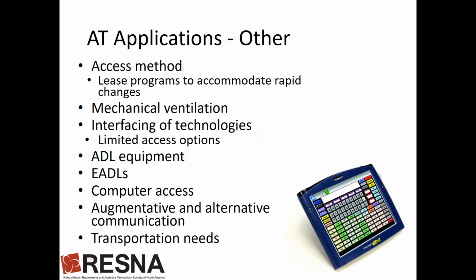This population benefits from lots of different assistive technology, and we need to make sure we're adjusting their access method as they progress. If your individual lives pretty far from you, you need to plan on getting them back for updated justification when they can't use joysticks and have to go to alternate drive.